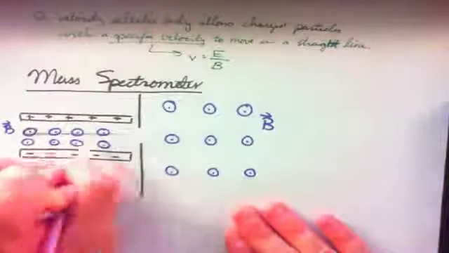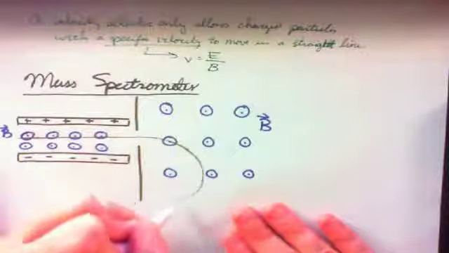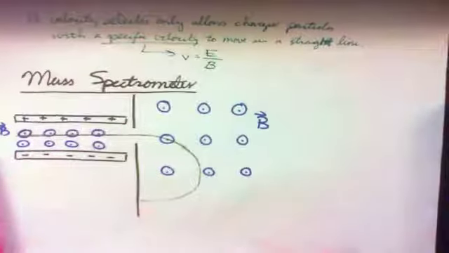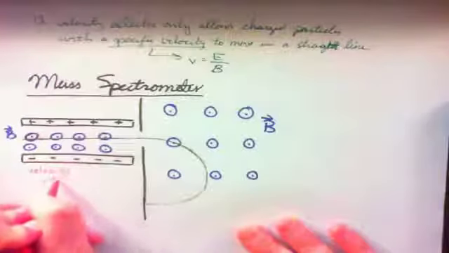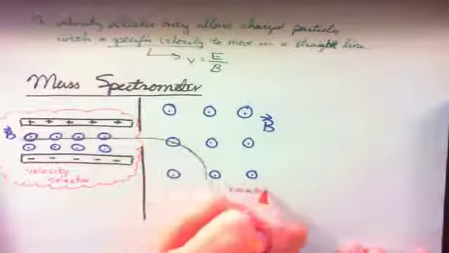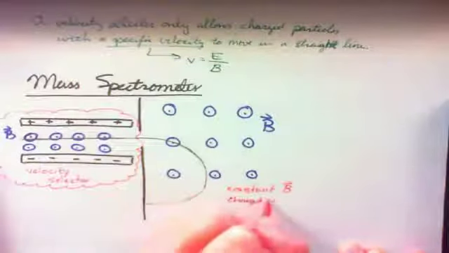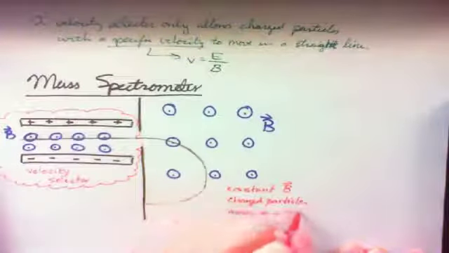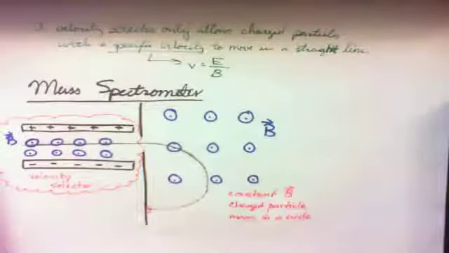They'll start to move in a circular path. The way it's set up, they'll go in a semicircle, and they will hit a wall. There are sensors along that wall that detect where those particles impact.